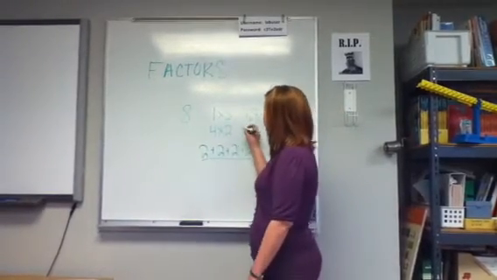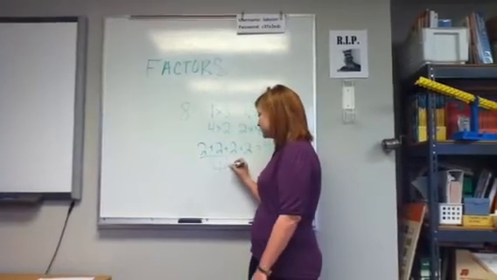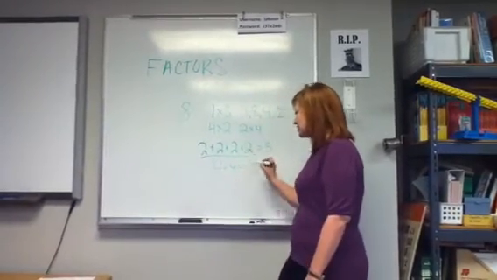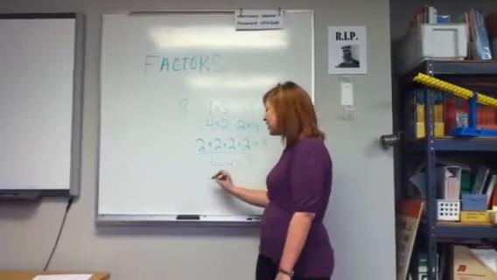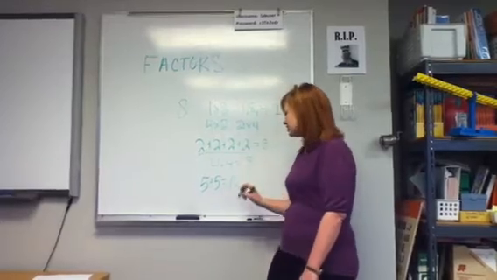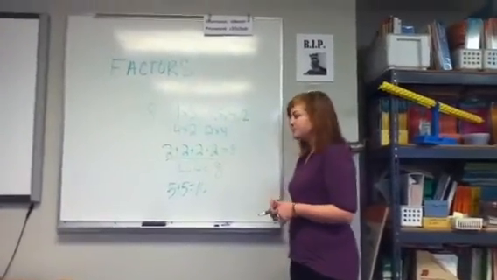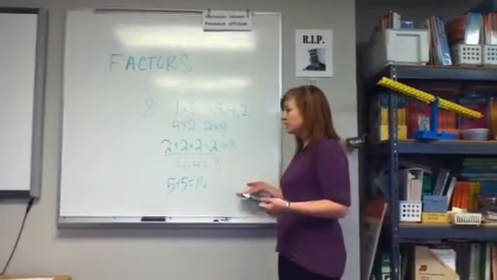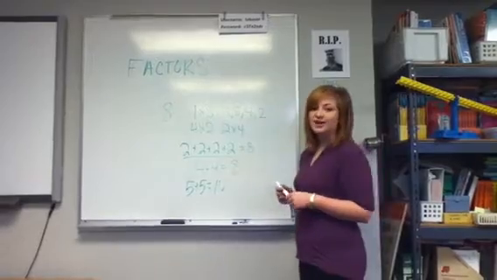How about 2 sets of 4? Because remember, we can switch it. 4 plus 4 equals 8. Now 5 isn't a factor of 8 because 5 plus 5 equals 10, and that's too many to be 8. So if you add the number to itself and it equals more than the number that you want it to be a factor of, then it can't be a factor of it.